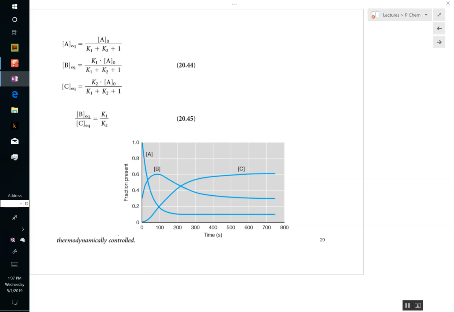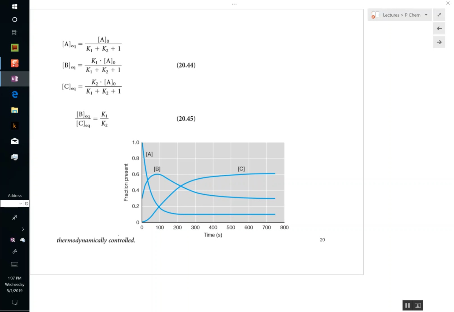But in this particular case, K1, the formation of B from A, is very fast, but the reverse reaction, once you get a certain amount of B in there, the reversion of B back to A is faster than the reversion of C back to A. And you actually see that early on in the reaction, B is at a higher concentration than C, but as they get to equilibrium, it reverses itself.